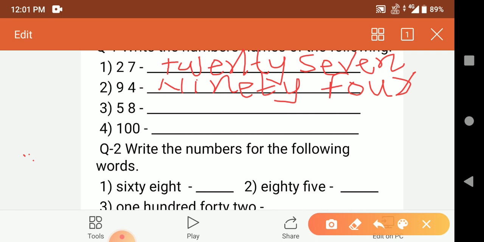Now third number is 58. Very good. Yes, how to write it? F I F T Y, 50.